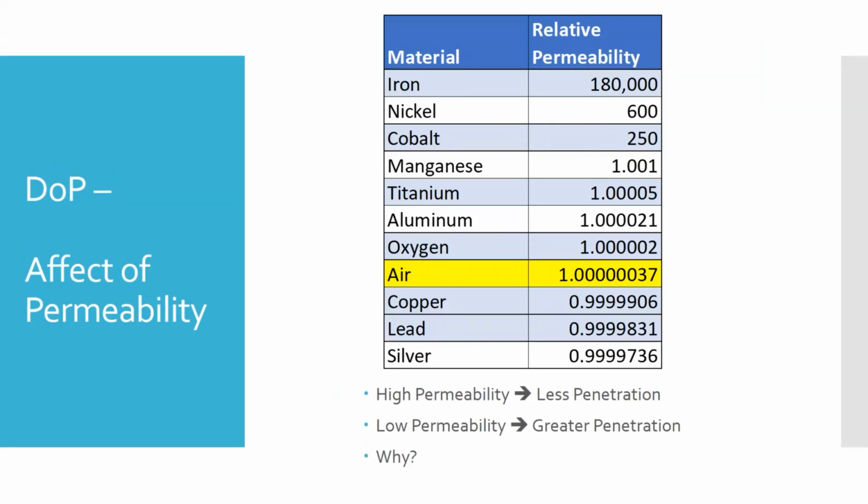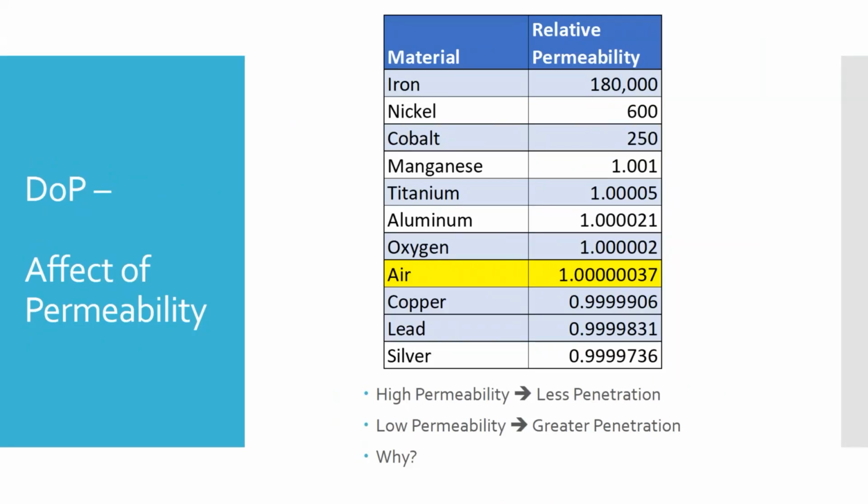So high permeability, iron for instance, means less penetration. Why do you think that is? Why do we get low penetration with a material that magnetizes easily? What causes that penetration to not occur? The magnetic field itself.